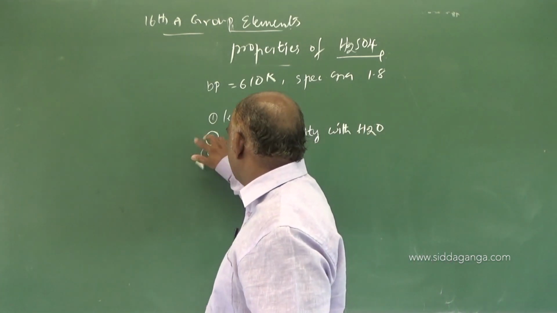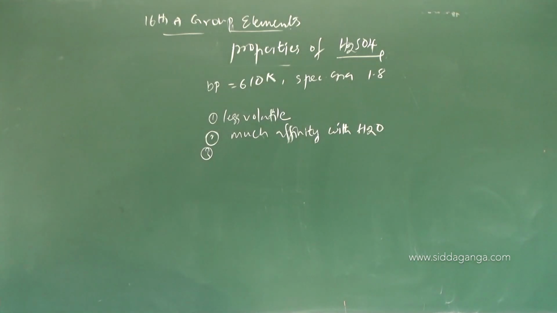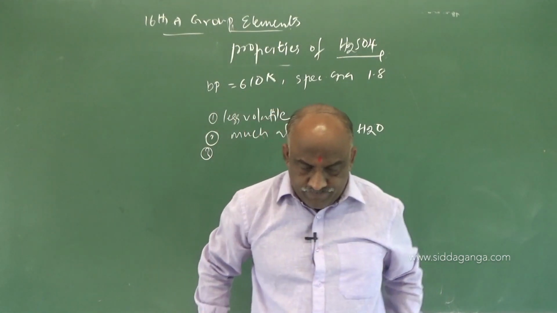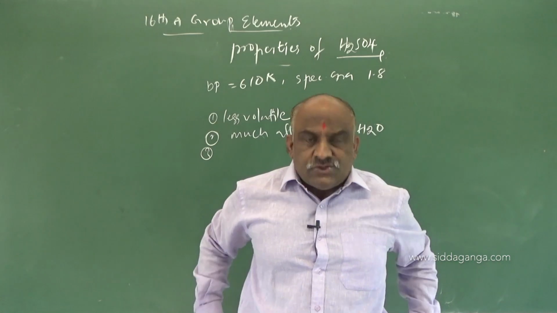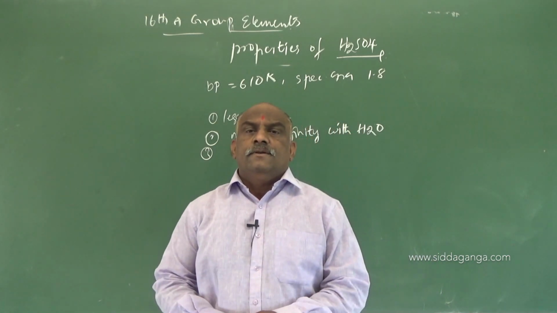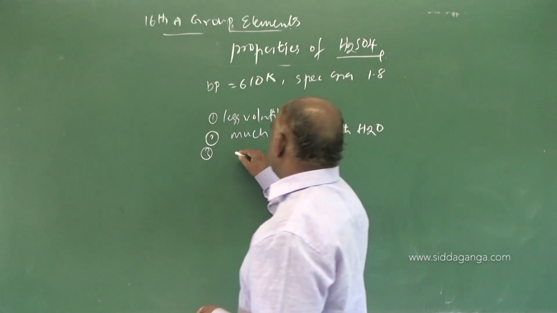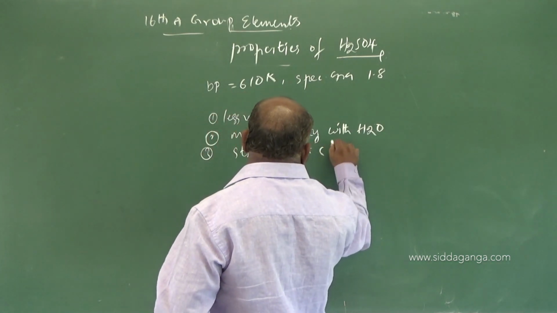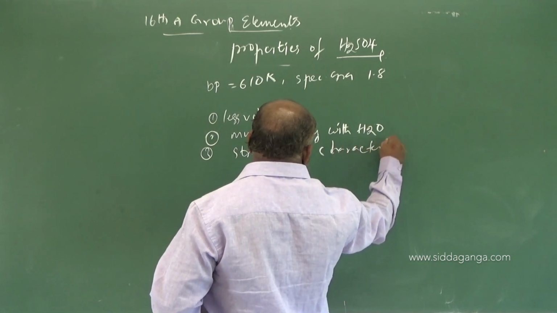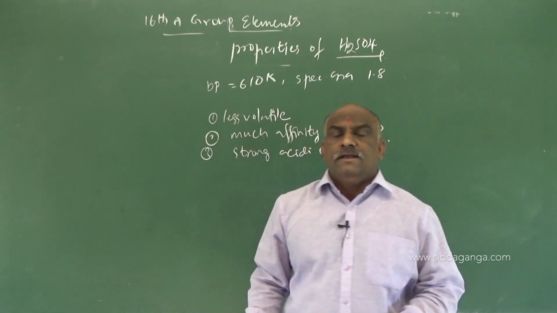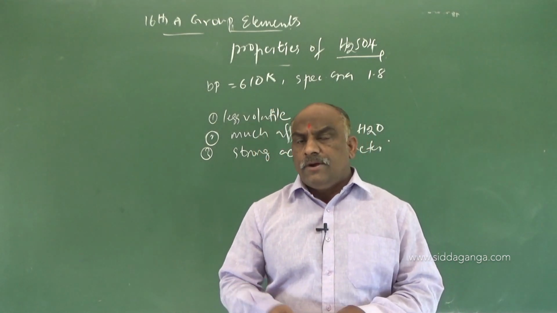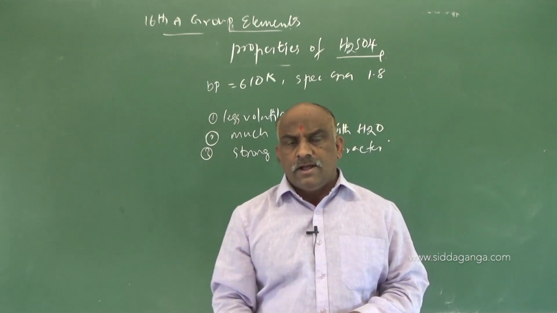And number three is strong acidic character. Sulfuric acid is a strong acid. Compared to HNO3, it is less volatile.